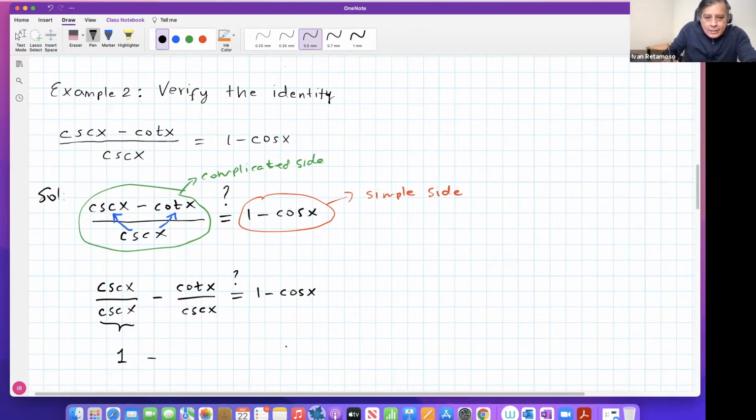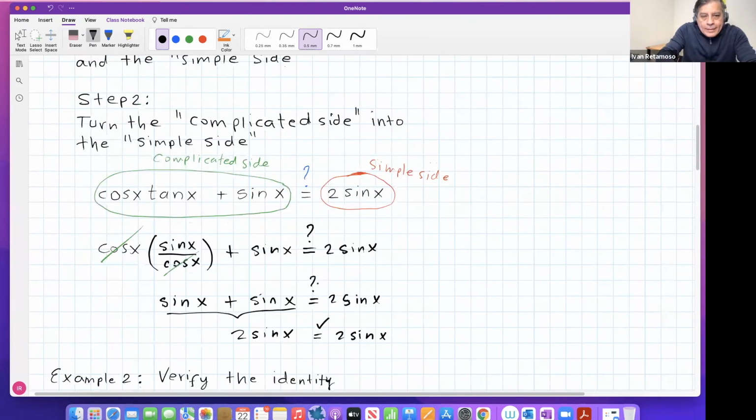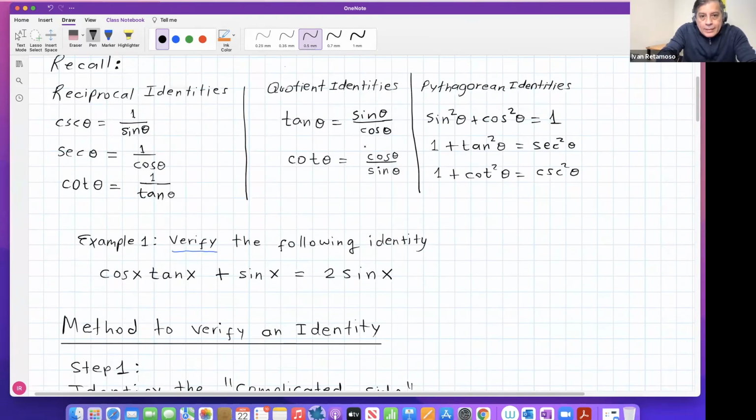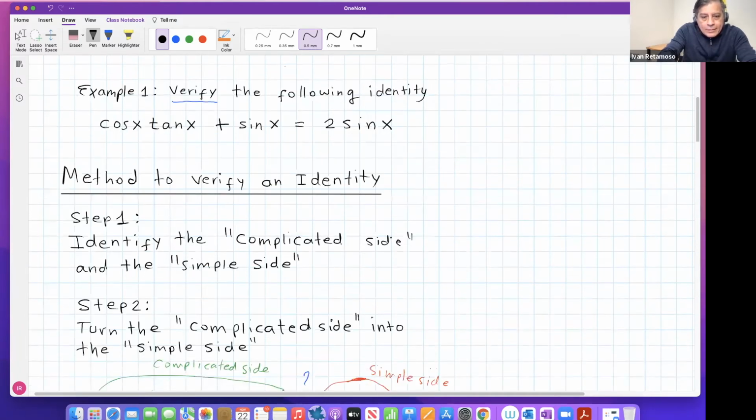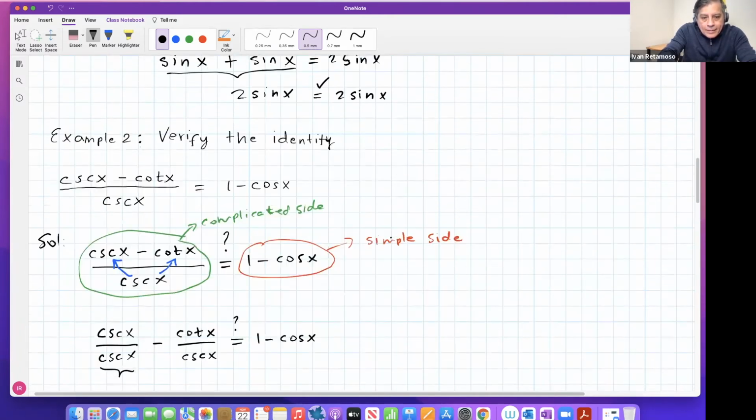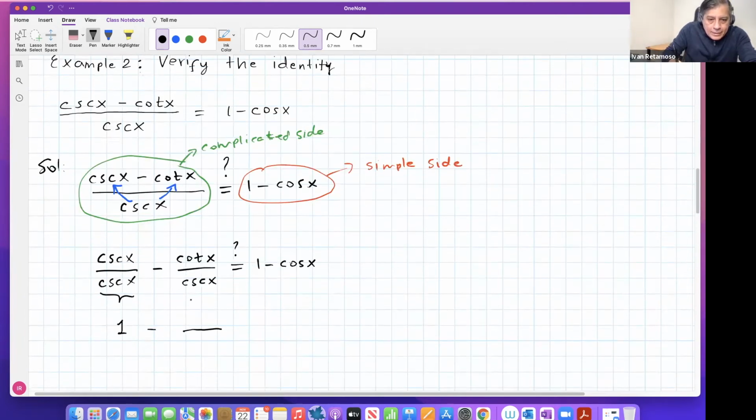But what is cotangent over cosecant? Cotangent from the quotient identities is the same as cosine over sine, right? Cosine over sine, quotient identity. So I'm going to use that. Cotangent is cosine of x over sine of x. Very good.